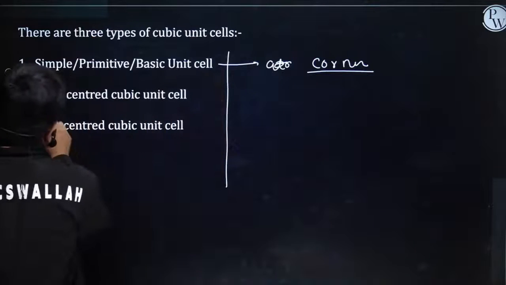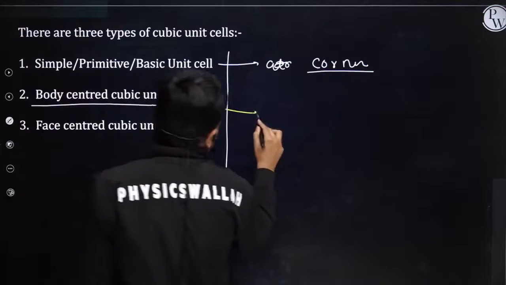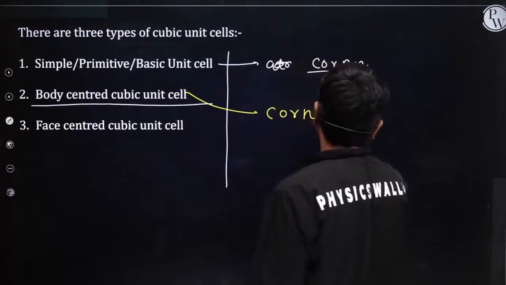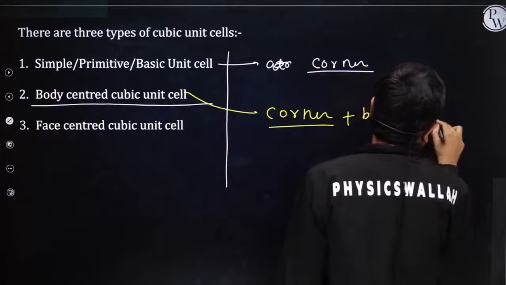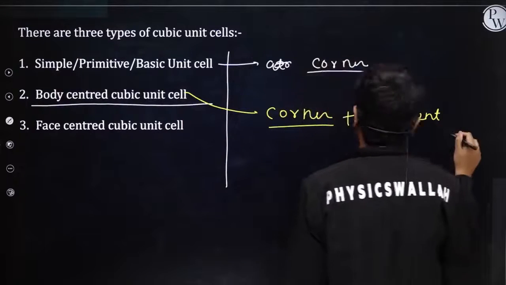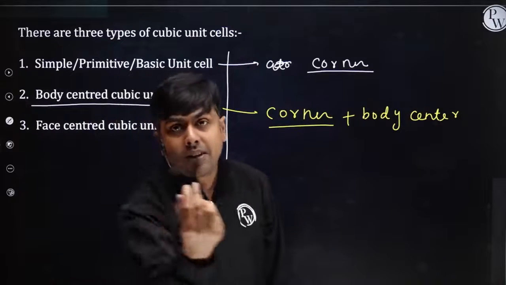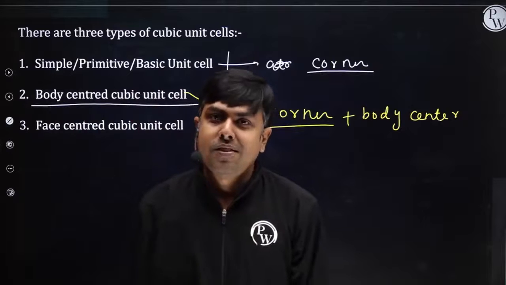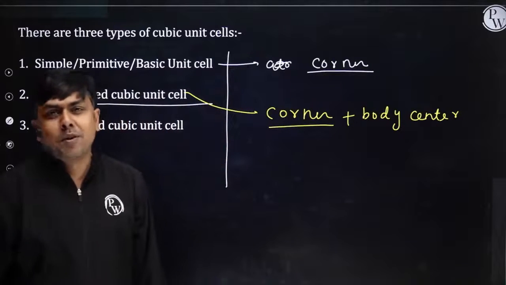Next one, body-centered cubical unit cell. Atoms are placed at corners plus body center, in such a way that the corner atom touches the body center atom along the body diagonal. We'll study about this.